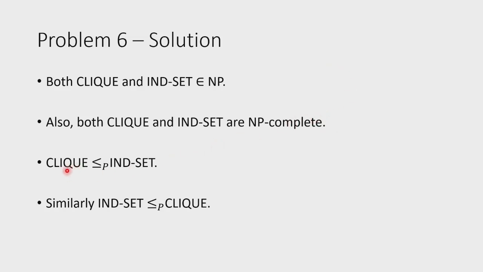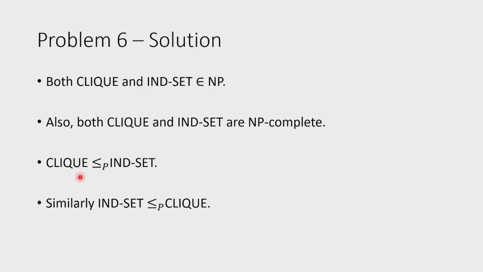So now, what do we know? We know that clique is in NP and independent set is NP-complete. Then by the definition of NP-completeness, it must be that clique reduces to independent set in polynomial time. Is this fine? Is this reduction a one-way function?